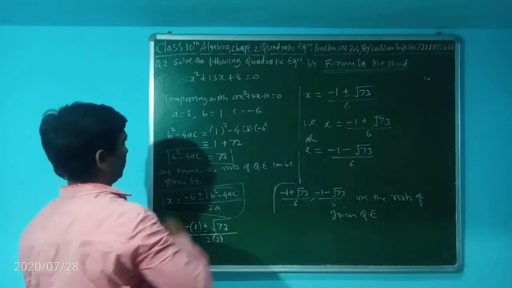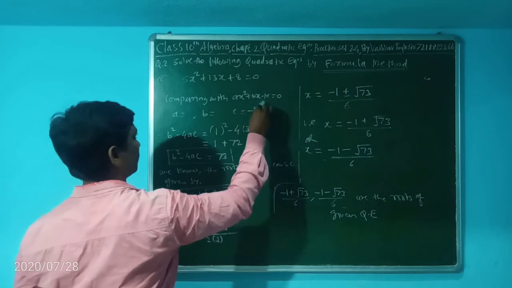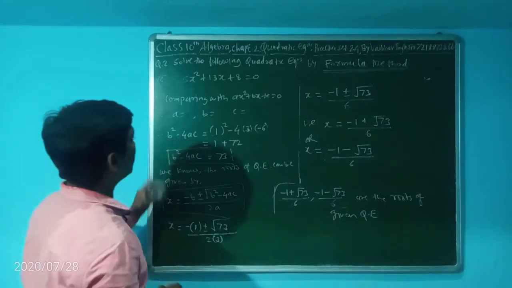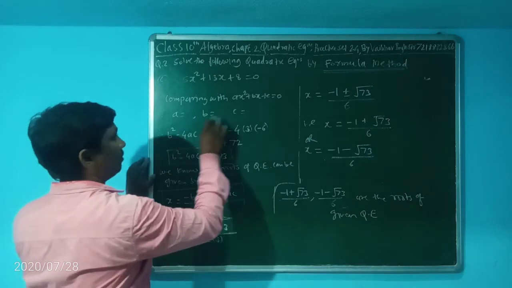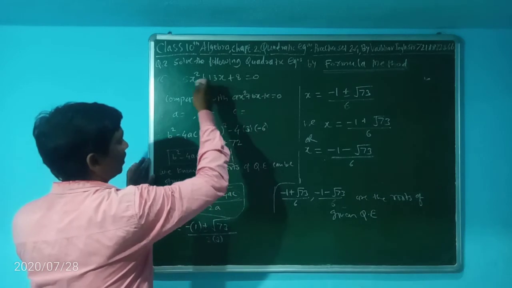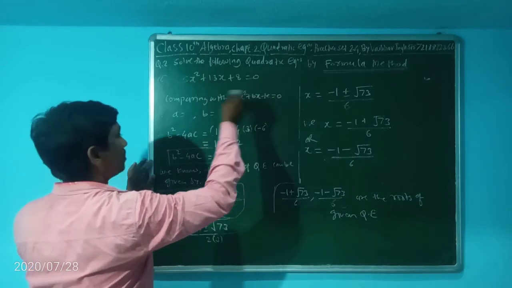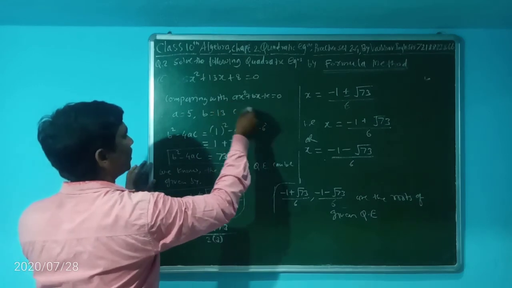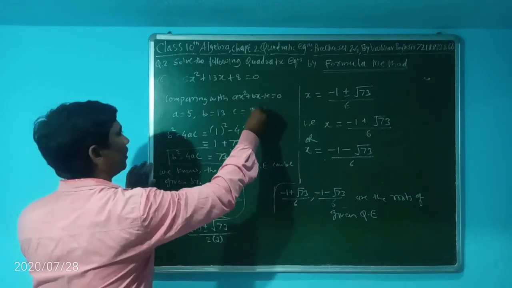So compare this 5x square plus 13x plus 8 equals 0 with ax square plus bx plus c and get the values of a, b, c. So a will be equal to 5, b will be equal to 13, and c will be equal to 8.